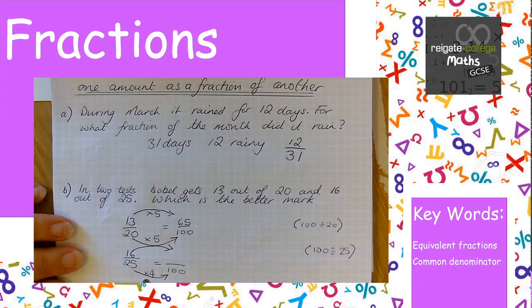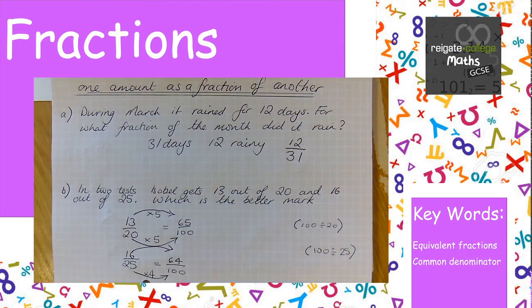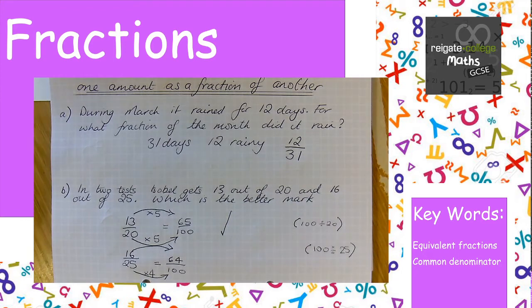This time 4 times 16 gives me 64. I can now compare the size of these fractions because they have a common denominator, and I can see that this one is greater. Therefore, Isabel did better in her first test.